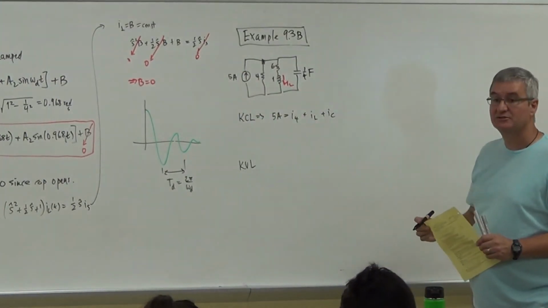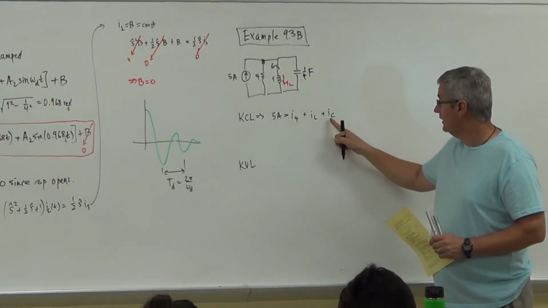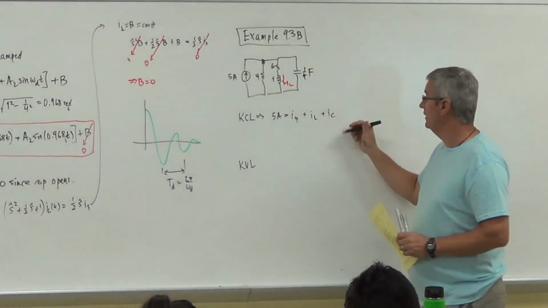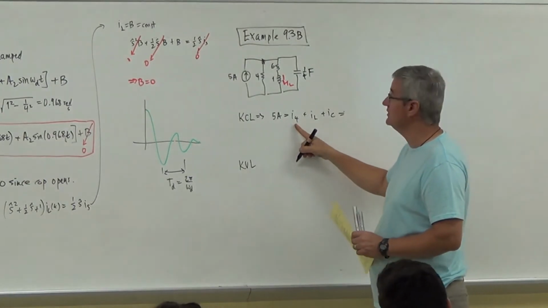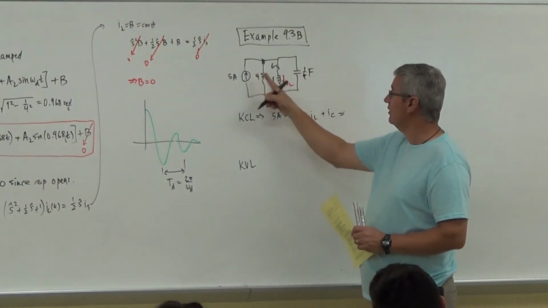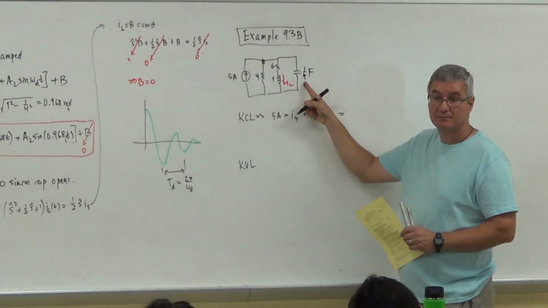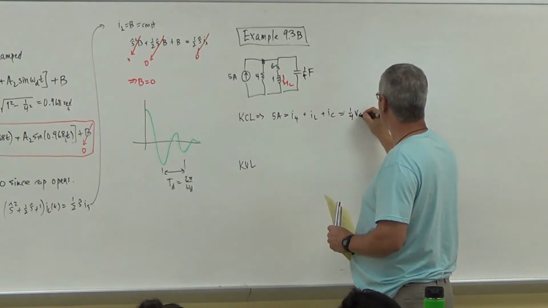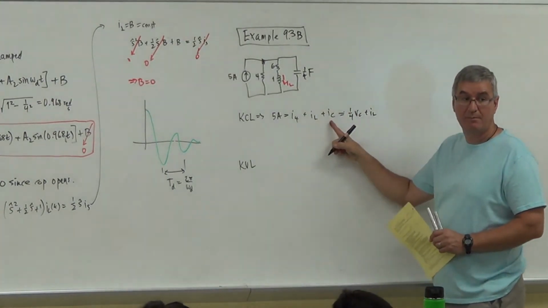Look at the 4, I got to change the 4. Look at the IC, I got to change the IC. How do I change this? Look at I4. Since they're all parallel, it must be parallel to the voltage of the capacitor. So then I go 1/4 VC plus IL. I look at this guy, I got to convert it into an operator.